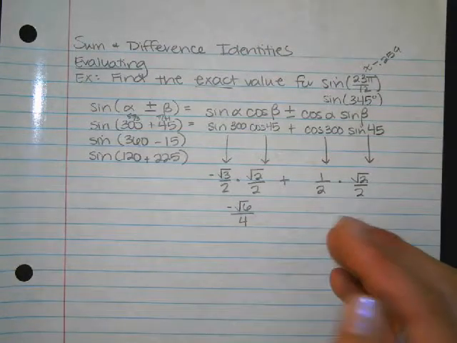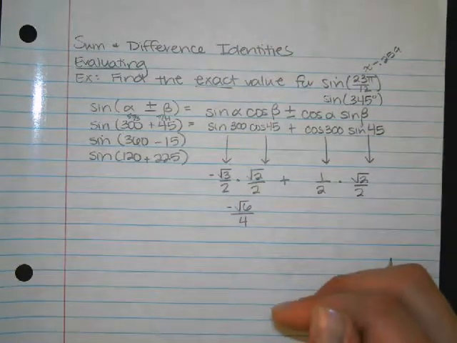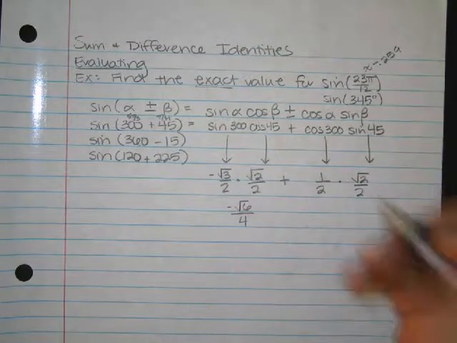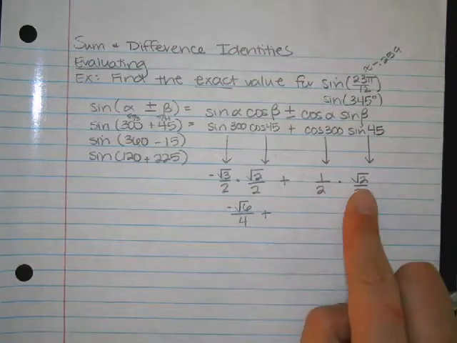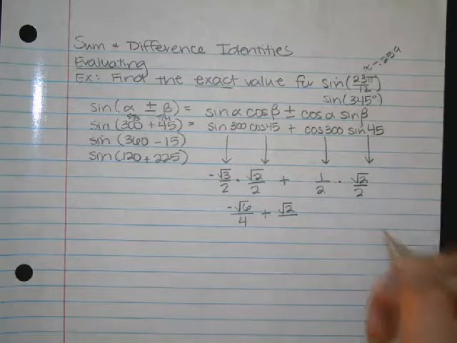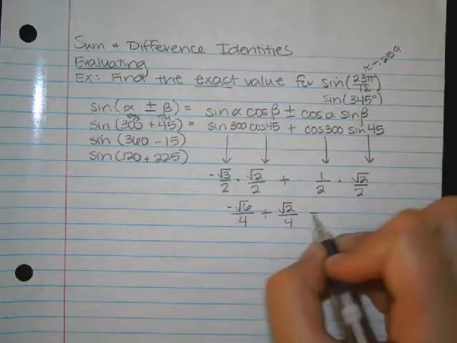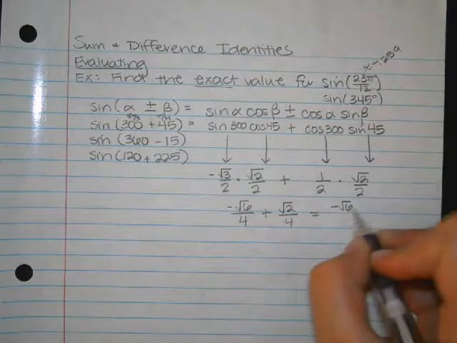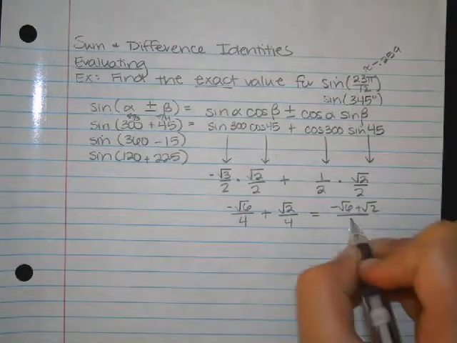We don't say the common denominator is 2, therefore the bottom is 2. That works with adding and subtracting. When we multiply, we say multiply the bottoms. Plus 1 times root 2 over 2 times 2, 4. And so that means our exact answer is negative root 6 plus root 2 over 4.